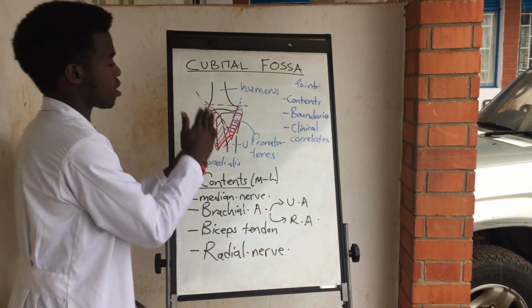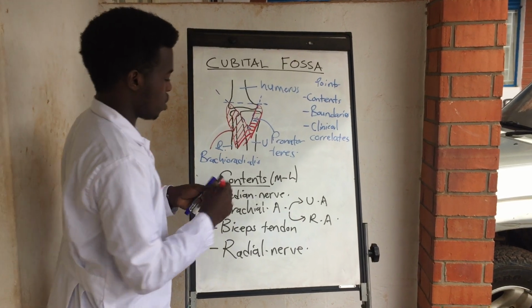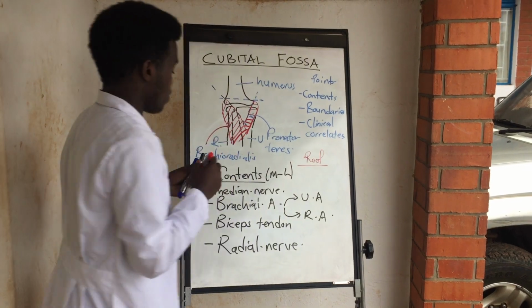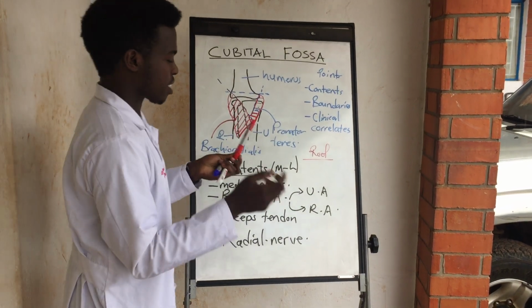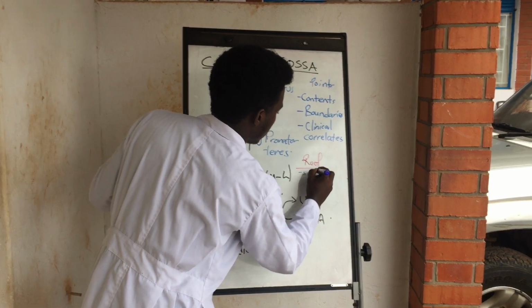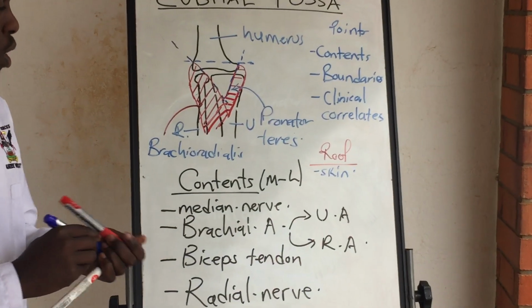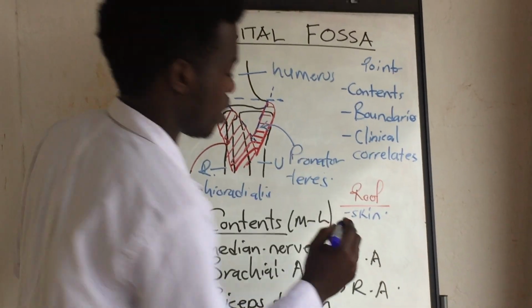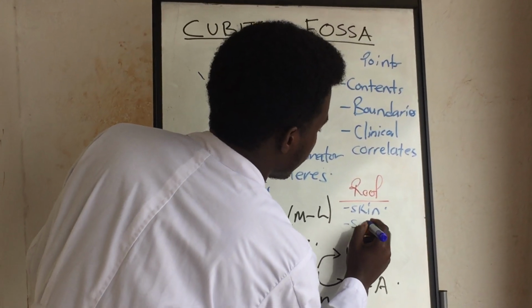Now after looking at that, you're going to look at the roof. The roof of the Cubital fossa is basically made of, first of all, the skin. Obviously, you have the skin. From the skin, you go to the superficial fascia.